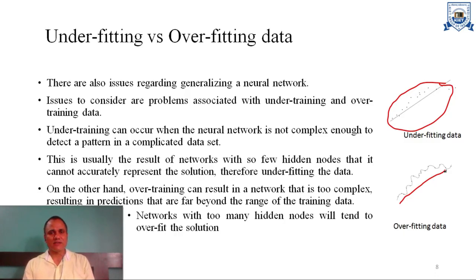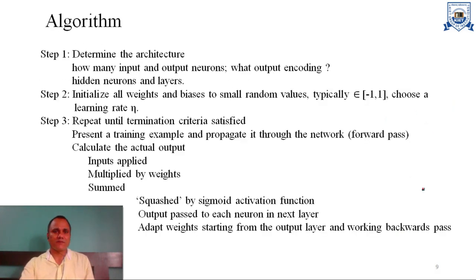Such issues can occur while we are training a data model like a back propagation neural network. So this is about the underfitting and overfitting concepts in a neural network.